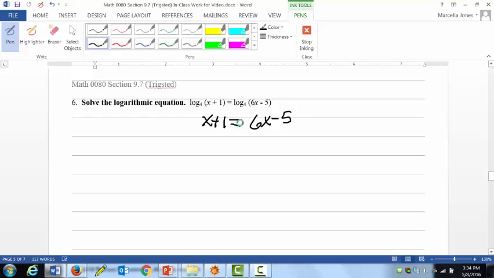That's the only way this is going to be true, since the logarithmic function is a one-to-one function. If two logs are equal, their inputs are equal.